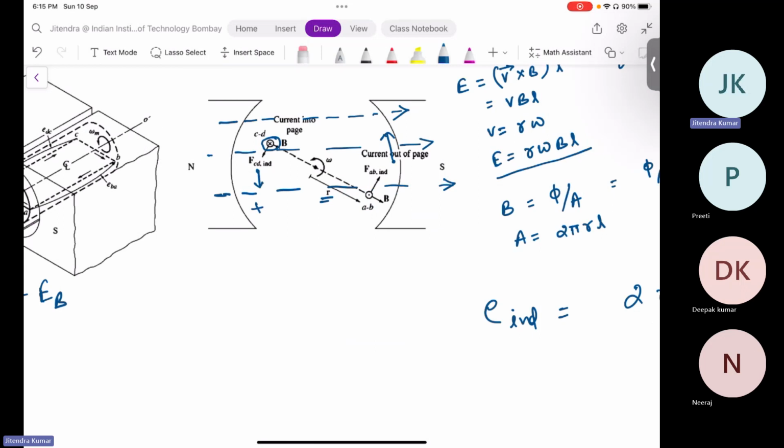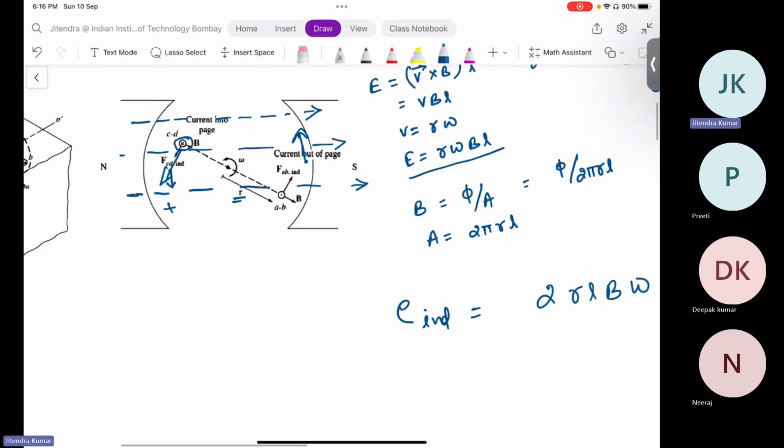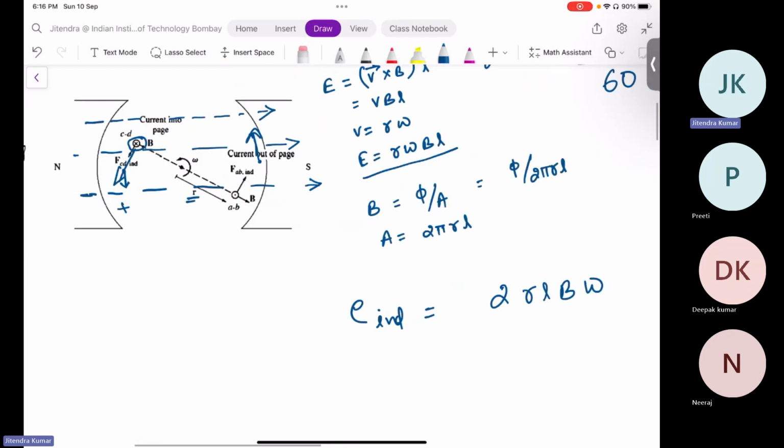If you look at the EMF polarity, force acts on this side and on this side, so both are adding or helping each other. So the EMF induced by this coil side and by that coil side will both be added, and then you get the overall EMF. That's why I am multiplying it here.